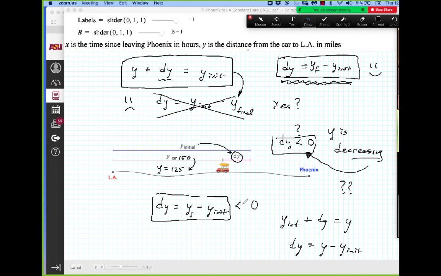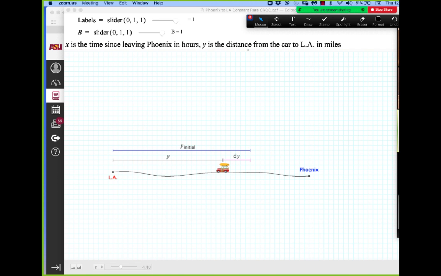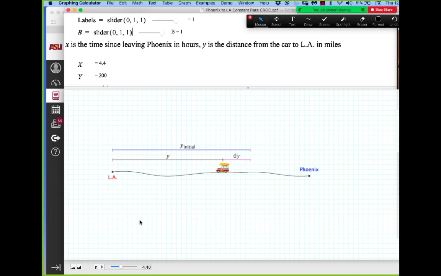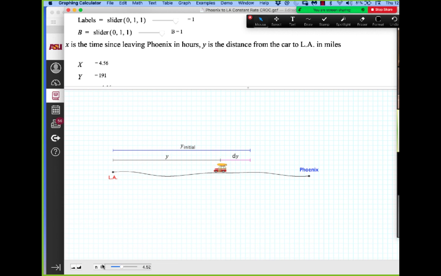Does it make sense? Okay, so now we want to talk about what's going on here. Drawings. I want to show you x and y. As x increases and y decreases, can you guys see those numbers changing? These are all correspondences.